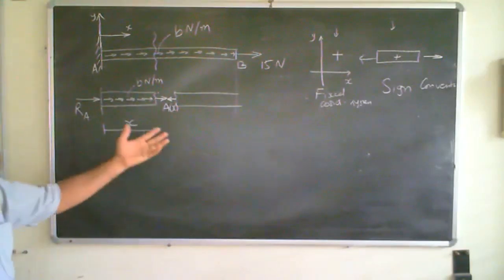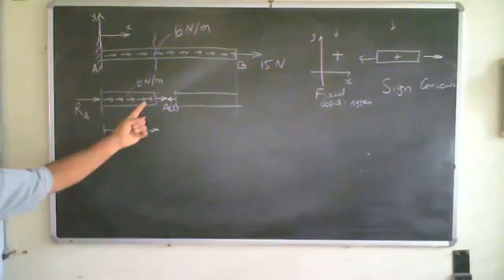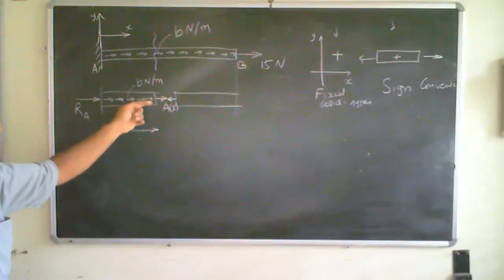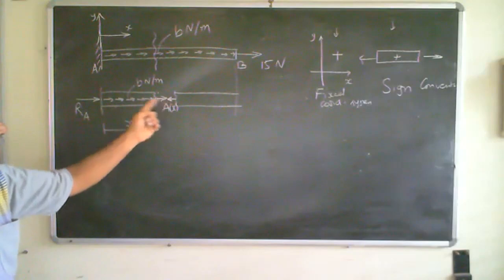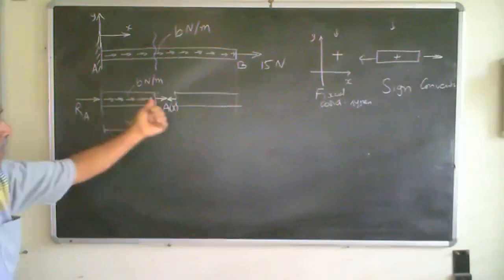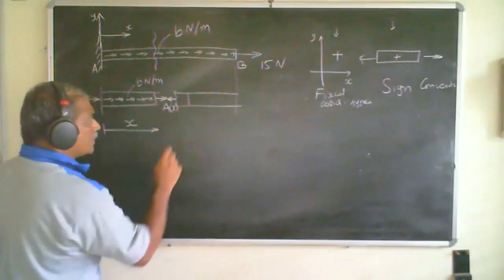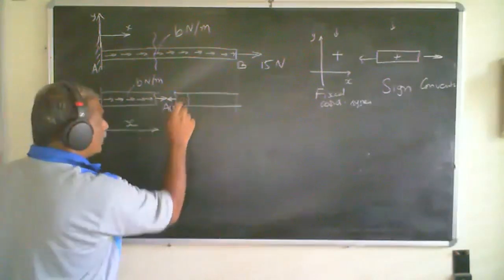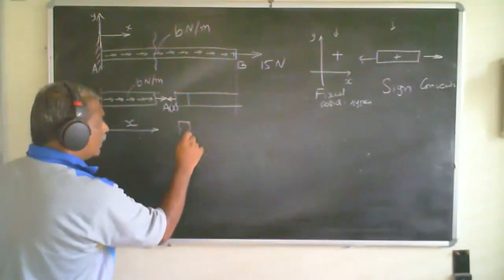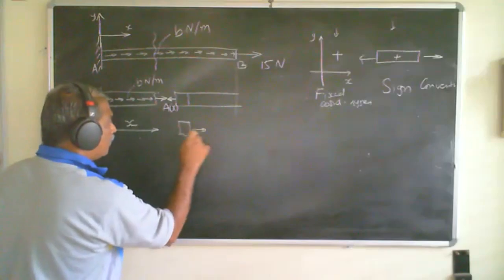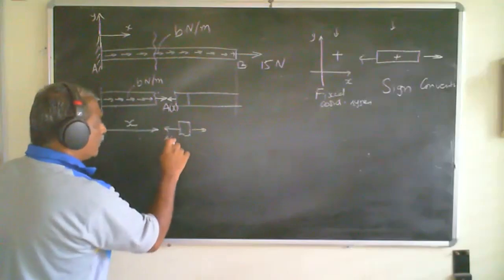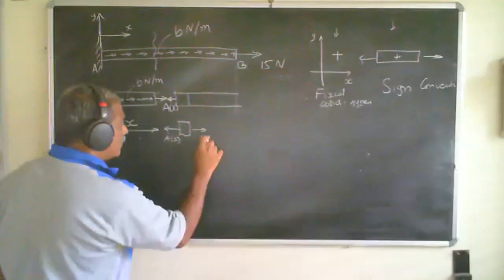Any questions so far? This is very simple, right? Remember, I'm using this being internal force, whether it is this or this, it is the same. How do I know? Cut a small section over here, and if you look at this, it will be like this. This is A of x, and this is A of x.